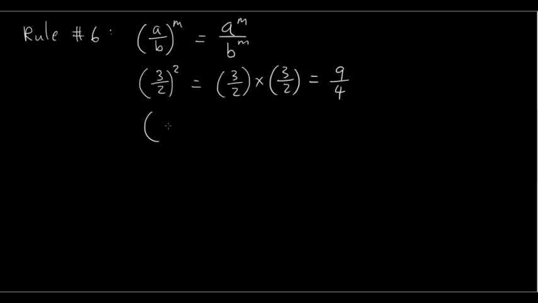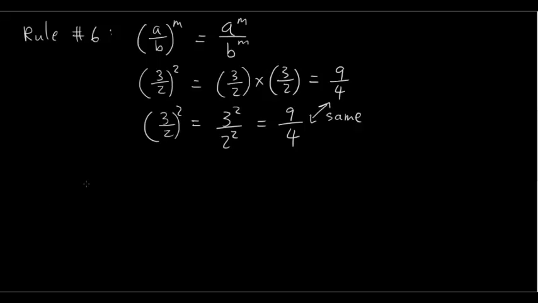Now let's do it using the rule. So we got 3 over 2 to the power of 2 is the same as 3 to the power of 2 over 2 to the power of 2. Using the rule from up here, 3 to the power of 2 is 9, 2 to the power of 2 is 4. So these two are exactly the same. Okay, so proven number 6 rule to you by example.